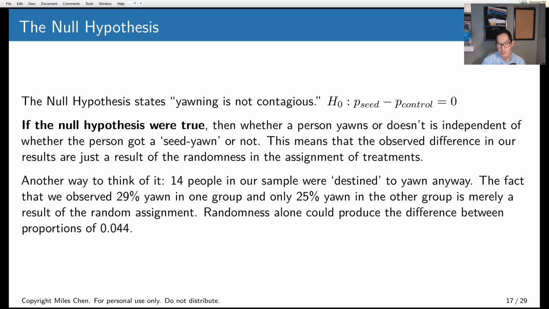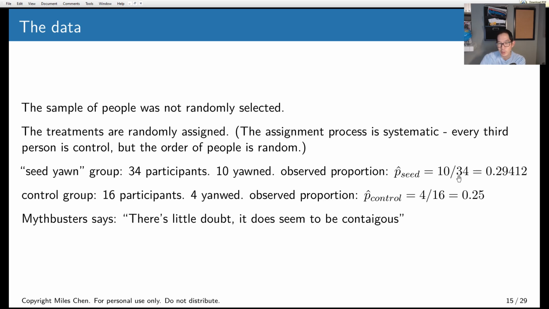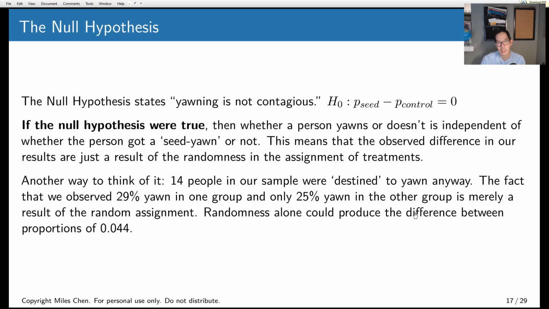Another way to think about that is, out of the 50 people, 10 plus 4, so 14, are just destined to yawn. It had nothing to do with whether they saw the person yawn or not. These 14 people were just going to yawn no matter what.